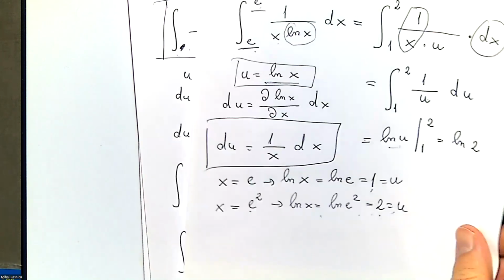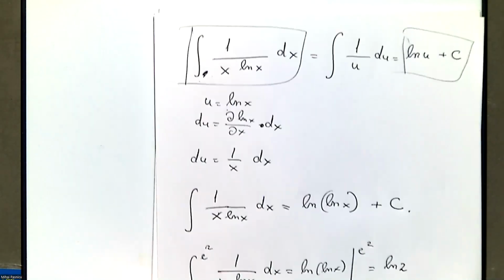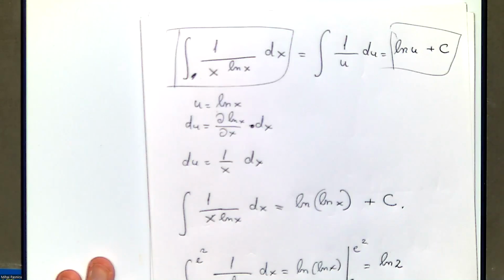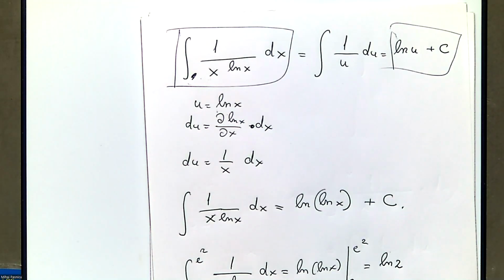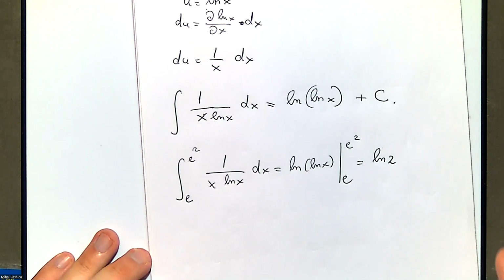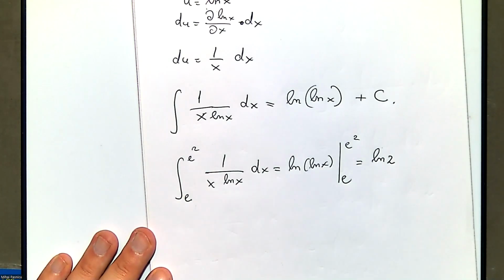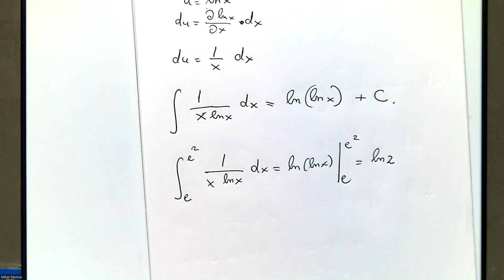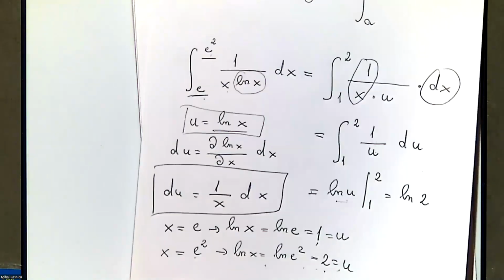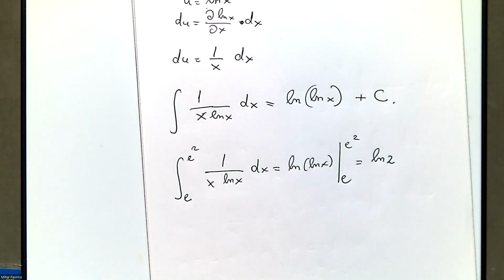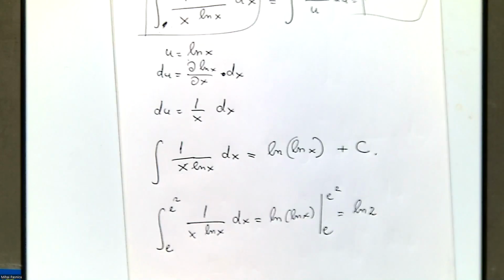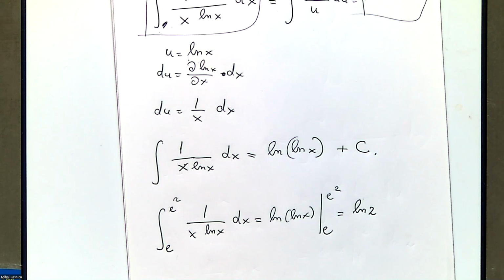Or you can just solve the indefinite integral, basically the same method, but you don't care about the limits of integration. And then once you get the final answer, you then just plug in the limits of integration. Okay? It's up to you, however you want to do it. I find this way to be shorter and faster, but if you're more comfortable with this, then go for it. Okay? Any questions on what I did here?